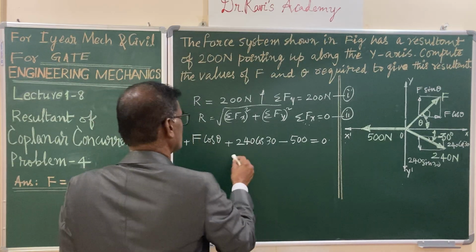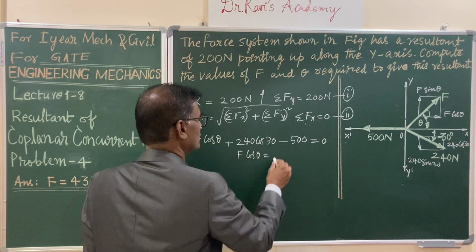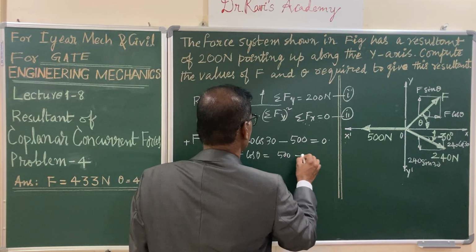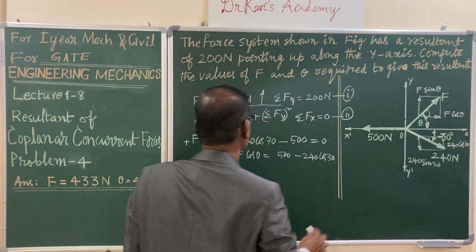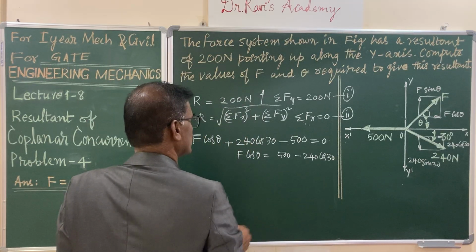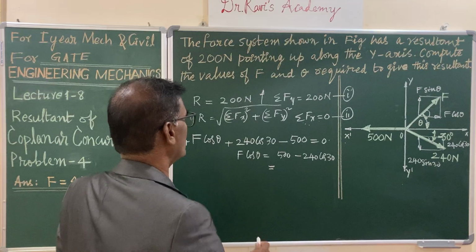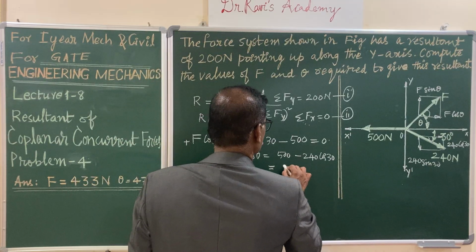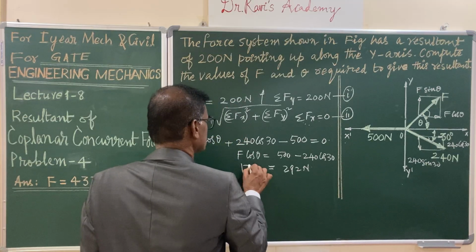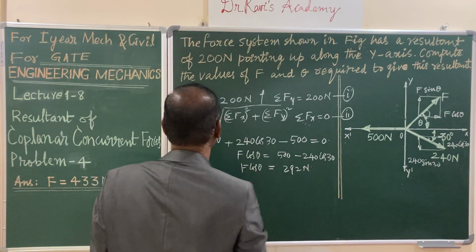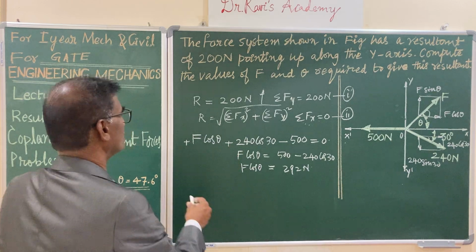So F cos theta is equal to 500 minus 240 cos 30. Simplifying this equation, you get 292 newtons. F cos theta is 292 newtons.